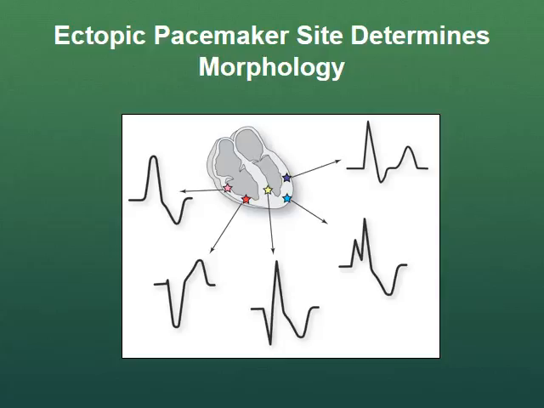So if electricity is moving generally towards the positive electrode in lead 2, we're going to have a positive deflection on our ECG. But with ectopic pacemaker cells, it really depends on where it is to determine what type of QRS deflection you're going to have. There's really nothing set in stone. Just know that you are going to have different looking morphologies of QRS complexes depending on where that pacemaker site is located.